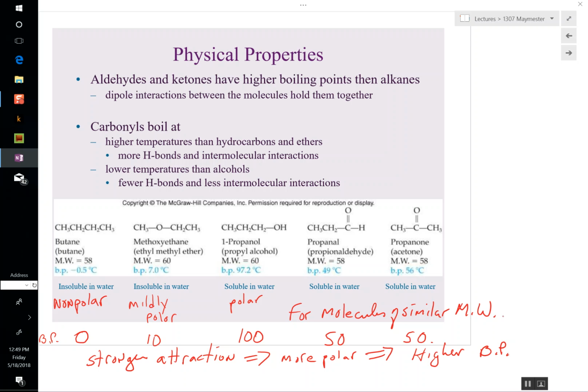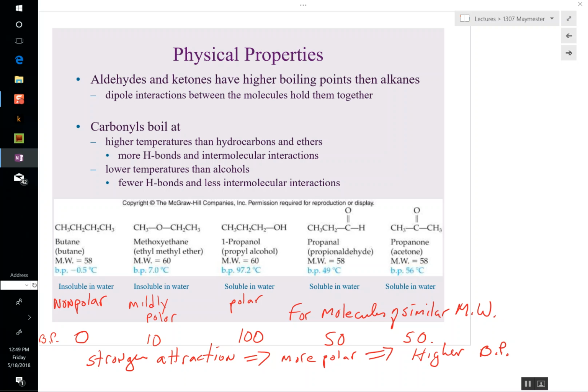So when everything isn't the same, everything's changing, everything's different. This is an alkane, an ether, an alcohol, an aldehyde, a ketone. So now what we want to do is keep this constant and then see what's happening to boiling point. And what we're saying is, for molecules of similar molecular weight, the more polar they are, the higher the boiling point.